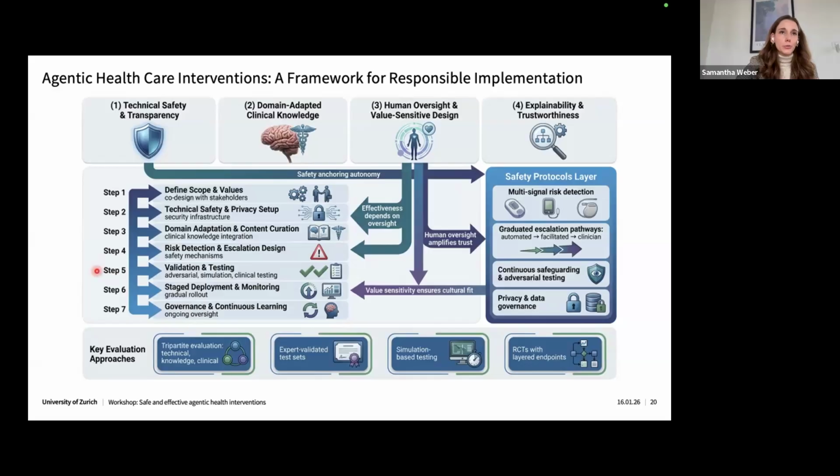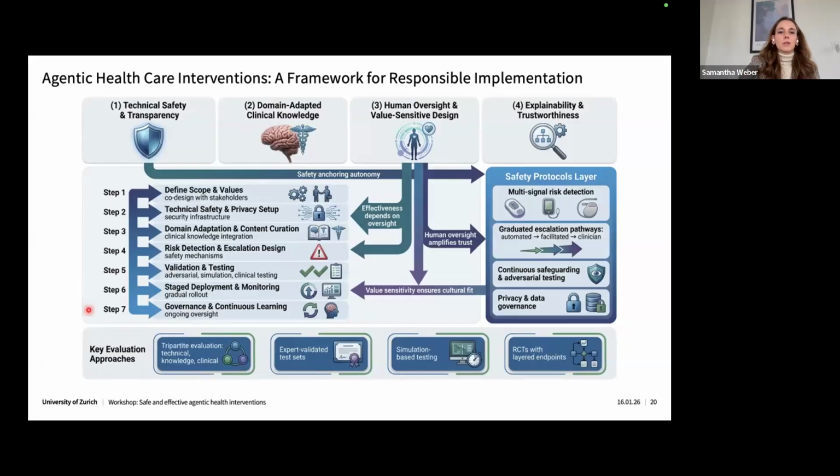Before using it on patients, such a system should always be validated and tested appropriately, not only on the technical level but also on the clinical level, so that it can be gradually deployed, first starting with pilot studies and so on.